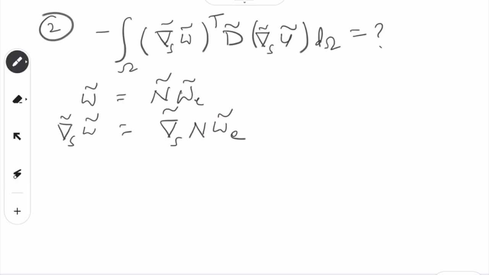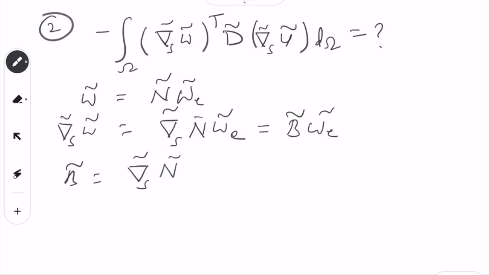So, this is not a function of x y, whereas this is a function of x y. If we have that, then let us call this the B matrix. So, this is B tilde W e, where B tilde will be equal to del S tilde N tilde.